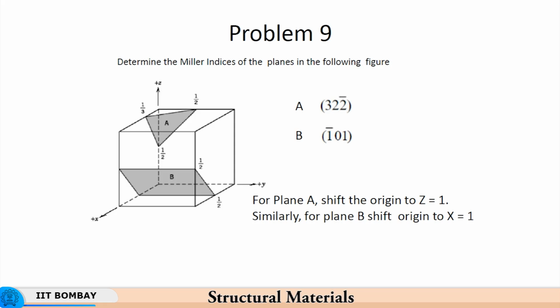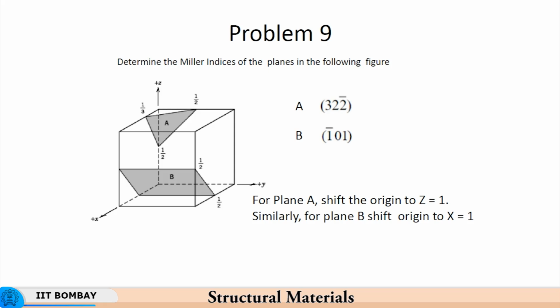Now you have this plane. So where will this bar 1 0 1 lie? We have shifted this origin here. So bar 1 will be here. Then one edge will be this way, right, and z is equal to 1, and therefore one edge will be this, the other edge will be that, the third edge will be here, and the fourth edge will be coincident with this dotted y axis.